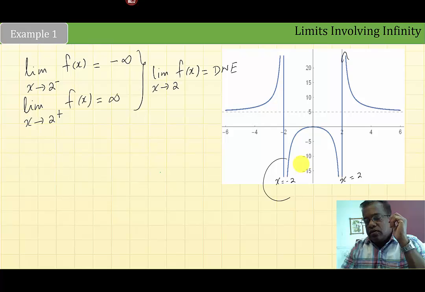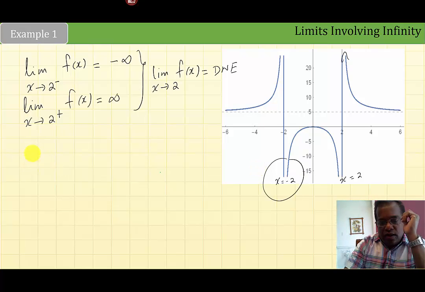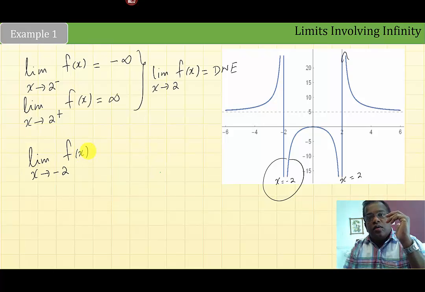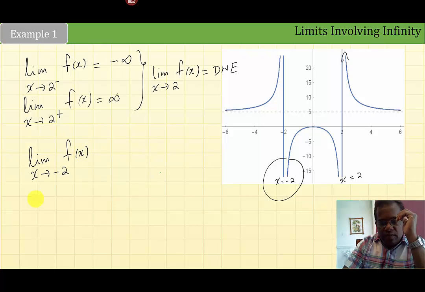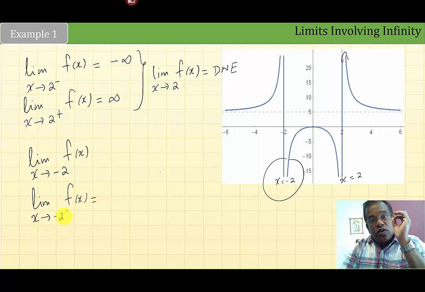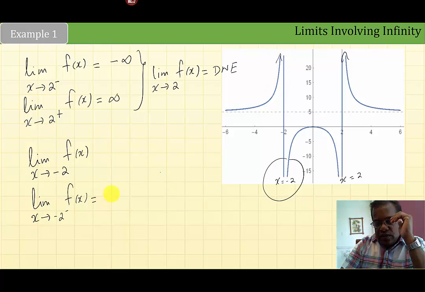And also we can concentrate on over here. Suppose we want to find the limit as x goes to negative 2 of f of x. In order to find that, we should find the left limit. That means the limit as x approaches negative 2 from the left, you can see the graph goes all the way up over here, which is infinity.